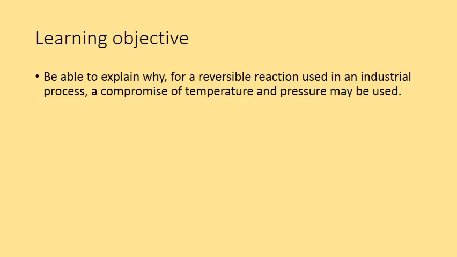We wanted to be able to explain why, for a reversible reaction used in an industrial process, well, we've considered both ethanol and methanol, why a compromise of temperature and pressure may be used, where the compromise of temperature is yield versus rate, and the compromise to do with pressure, depending on the number of moles, is going to be yield versus cost.